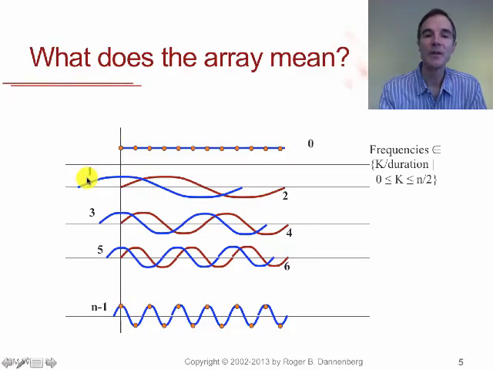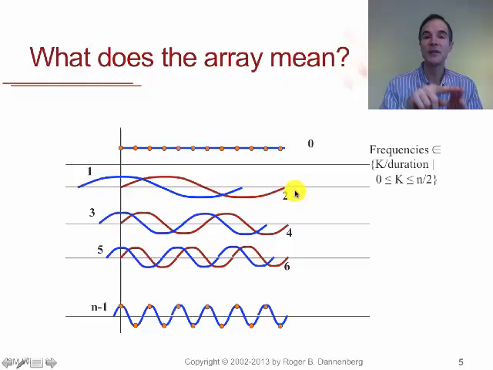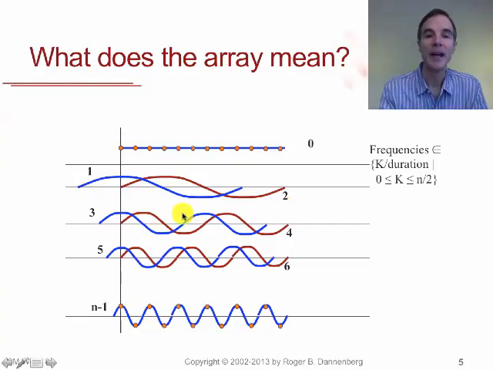The first element of the array, labeled 1 here, is this blue curve, which is cosine. It's a single period of cosine across the duration of the analysis frame. The next element in the array is the sine term, so it's a single sine function over the length of the array. And proceeding from there, we have 2 cycles of cosine, 2 cycles of sine, then 3 cycles of cosine, 3 cycles of sine.